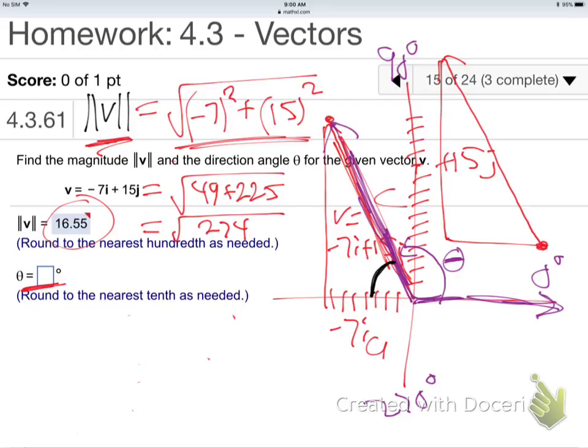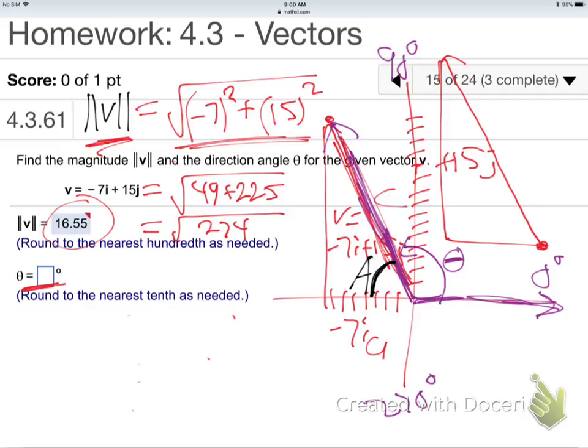Call it A, or alpha, or whatever you want. If I can find that angle, then 180 minus that will be the other one. Does that make sense? Let's first find it, and then I'll explain the 180 thing if that's not making sense. So let's find that A. How do we find that?